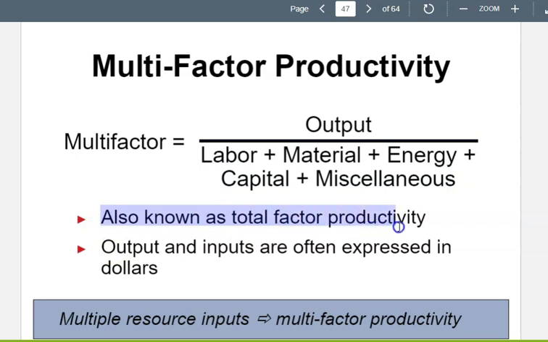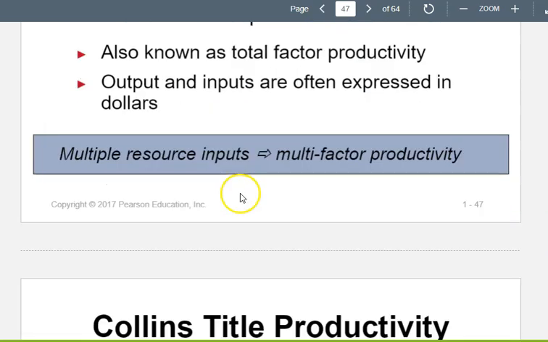Also known as total factor productivity, output and inputs are often expressed in dollars because you want a common unit. In the denominator, you don't want to add different units. And output, in this case, is one type of output.